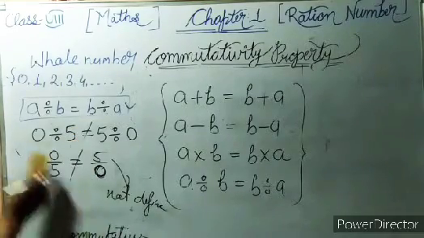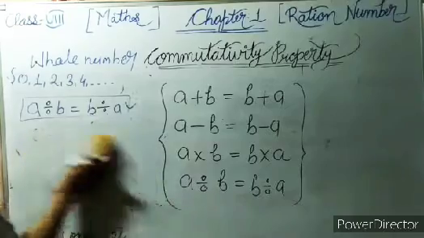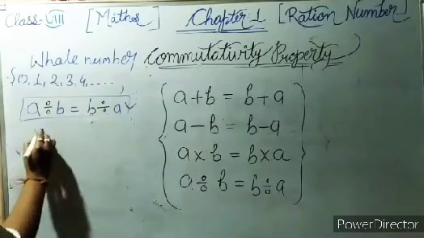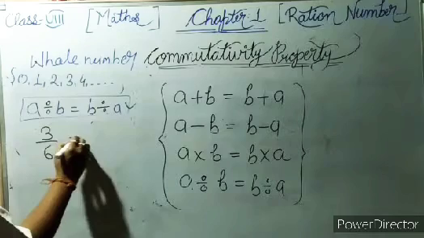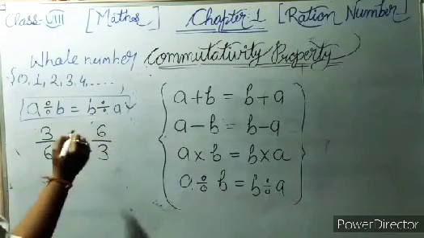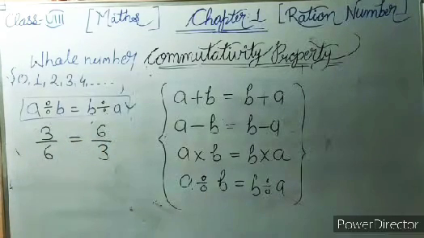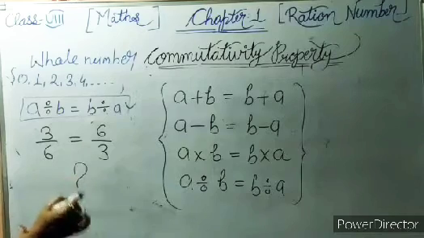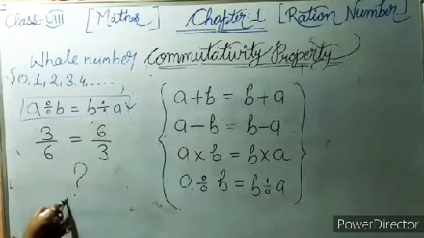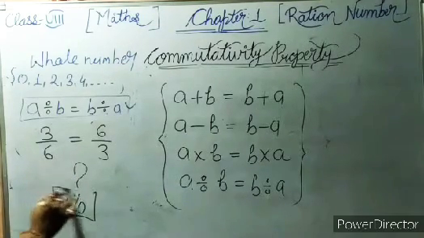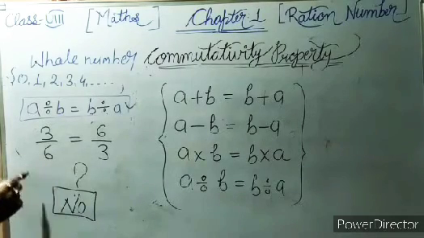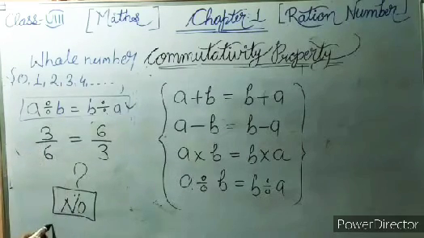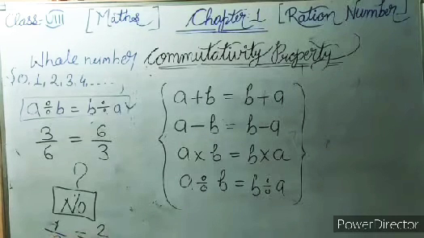So, we can say that, you see another example also, 3 divided by 6 and 6 divided by 3. Will we get the same number? What do you think? No, we will not get the same number. Okay, because 3 divided by 6 is different. It is 1 by 2 and this is 2 by 1, it is not equal.